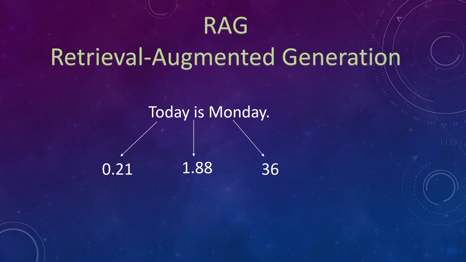Consider this example: Today is Monday. Today is converted to 21, then 1.88, and Monday is converted to 36, some kind of numericals. When a search is made, it is done on the most relevant value, and not an exact search. So this is overall what RAG is and how the values are stored.